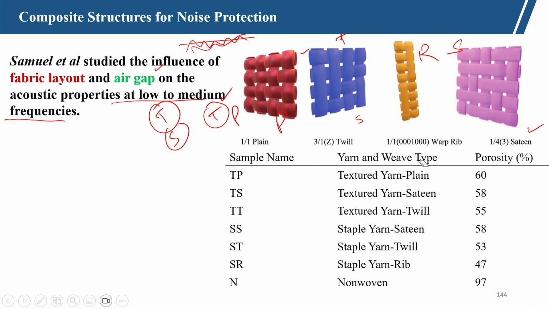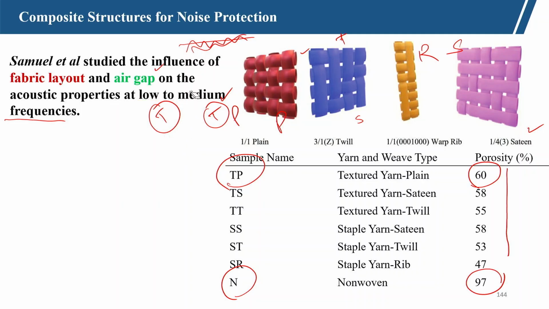What has been observed is that the textured plain woven fabric has the maximum porosity among the woven fabrics, whereas N stands for non-woven, which has 97% porosity. So, maximum porosity is for non-woven.